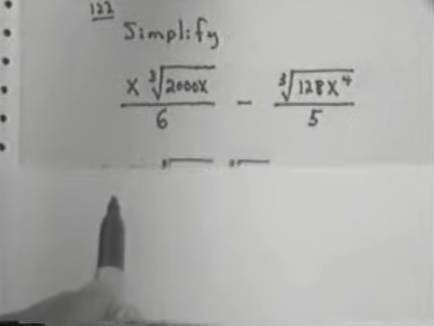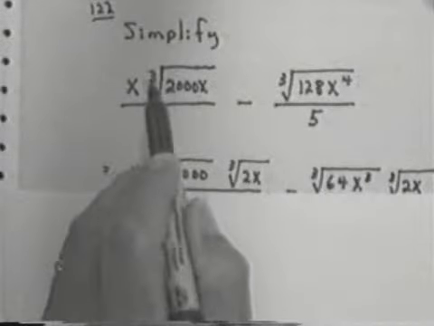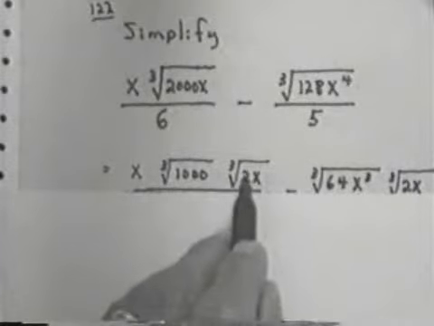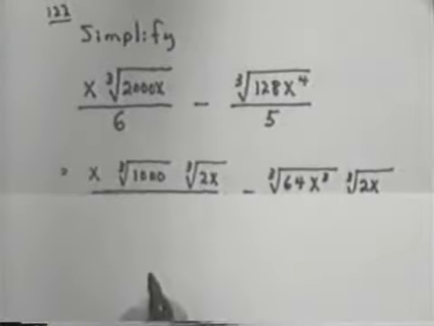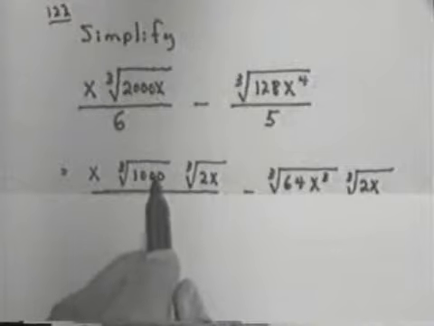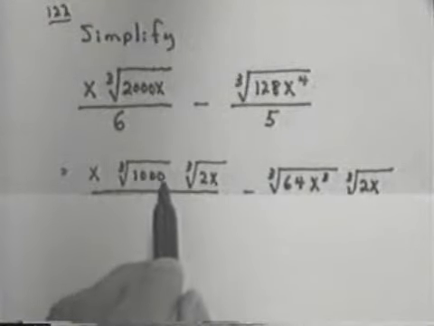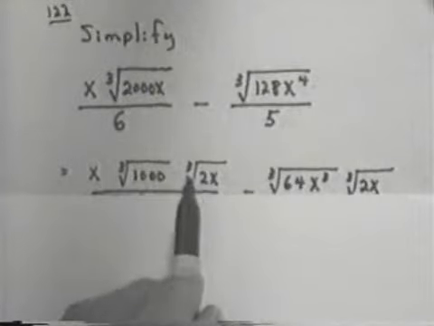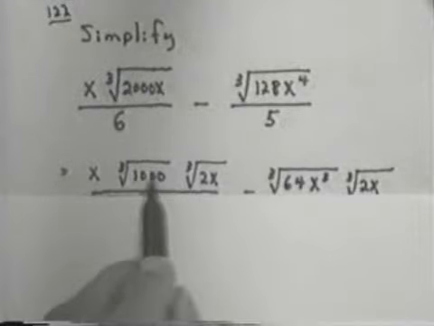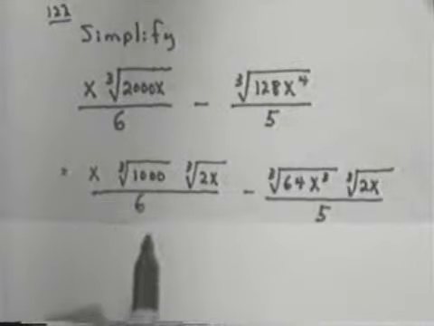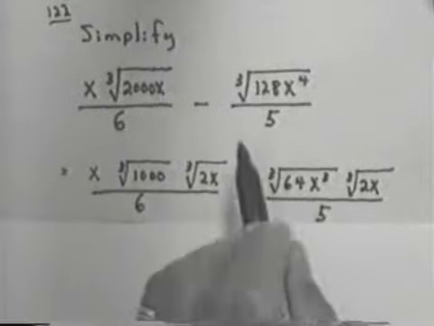So I just bring my x down and I break the cube root of 2000x into what is a cube and what is not a cube. So I'm breaking it into what is and what's not. 1000 is a perfect cube. It's in the list of cubes. 2x is not. If I multiply 1000 times 2x, I do get 2000x. And I just rewrite the 6.